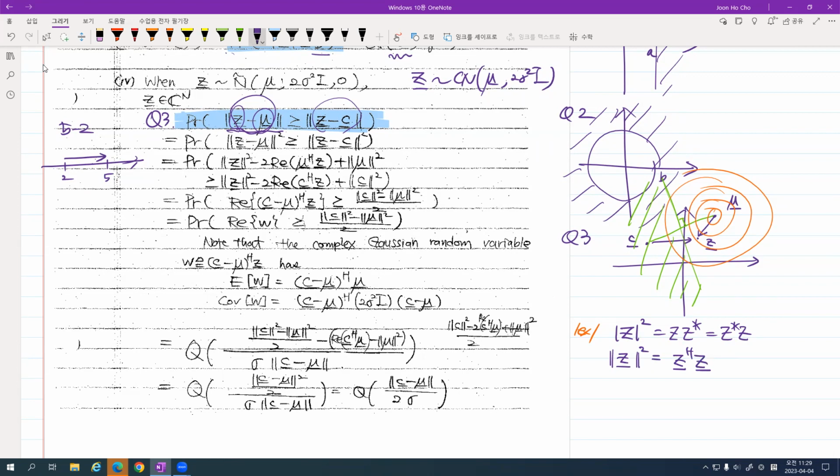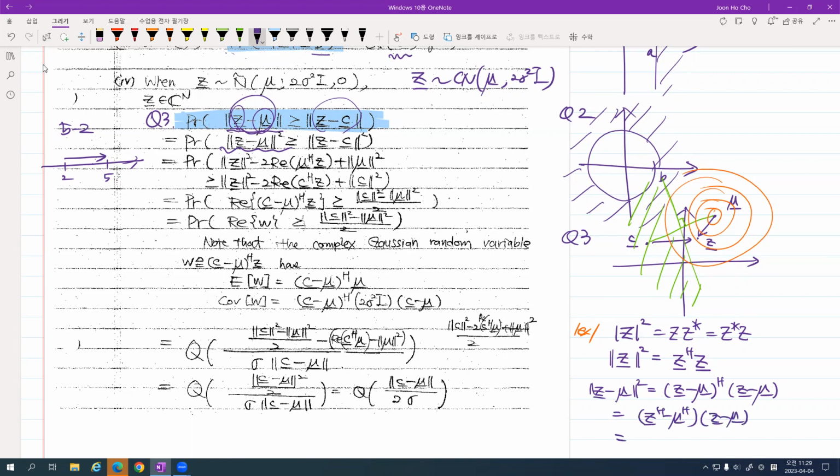So let's see the first term, z minus mu norm squared. This is z minus mu Hermitian transpose times z minus mu. Then you expand by using the fact that Hermitian transposition can be distributed.